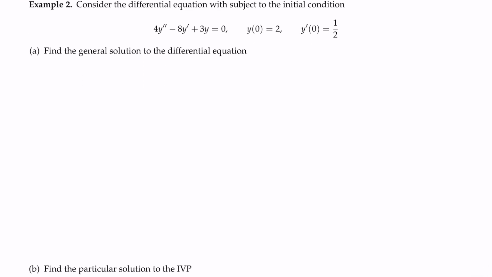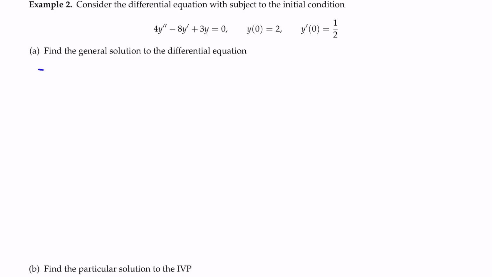So similar to the first example, in this case you have an initial value problem where the differential equation is 4 times y double prime minus 8 times y prime plus 3 times y, with y of 0 equal to 2 and y prime of 0 equal to 1/2. Okay, so the first thing is to write the differential equation as a characteristic equation.